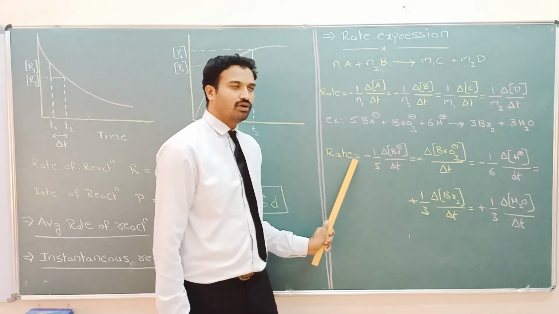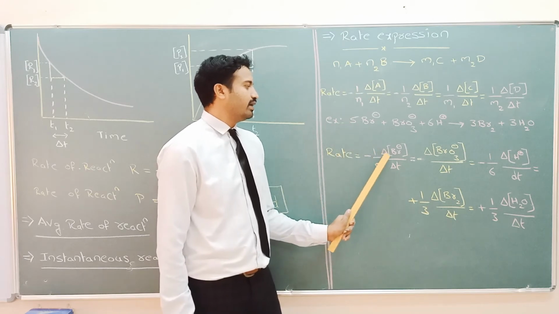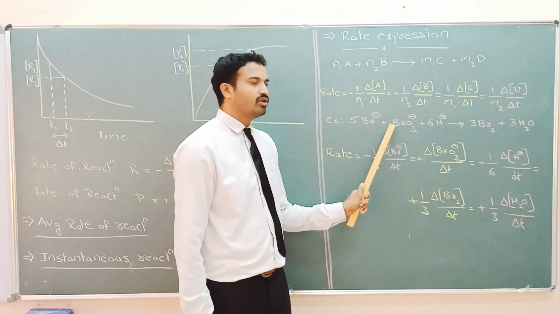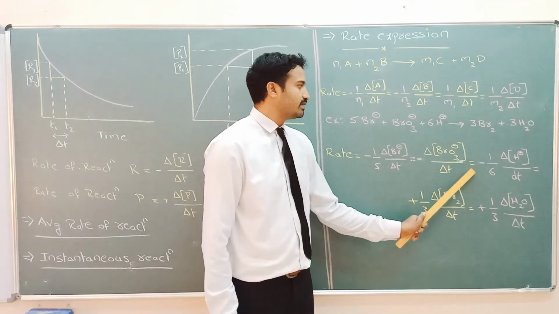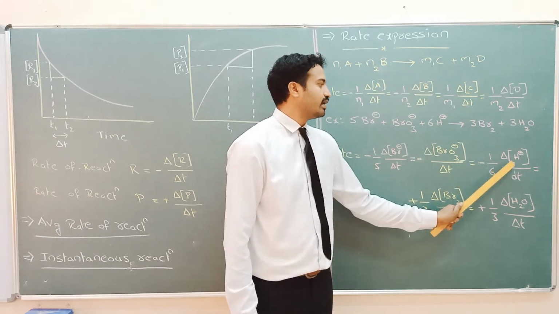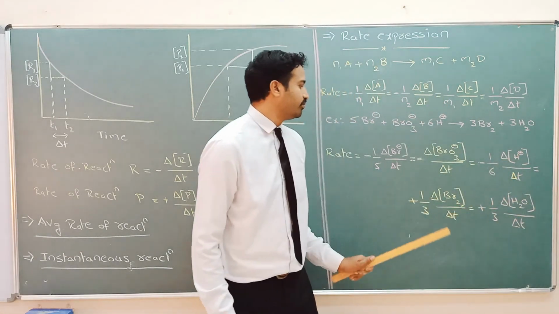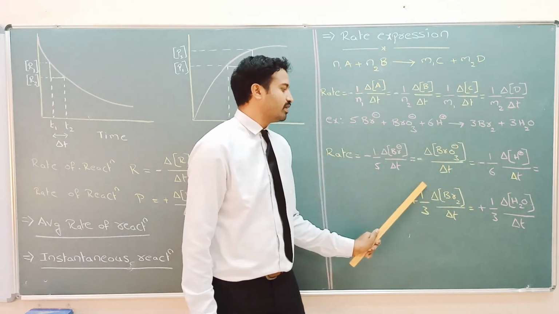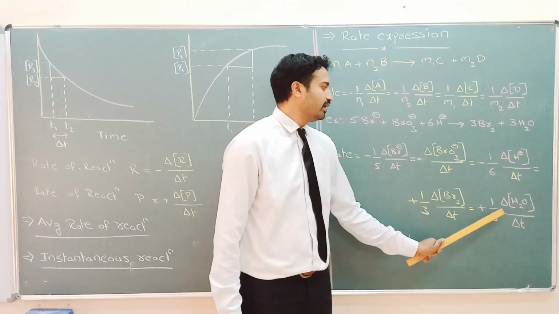So with respect to this reaction, rate is equal to minus 1 by 5 delta Br minus by delta t, is equal to minus 1 by 1 delta BrO3 minus by delta t, is equal to, here number of moles 6, the reactant concentration, so minus 1 by 6 delta H plus concentration by delta t, is equal to, here product concentration increases, so plus 1 by 3 delta Br2 by delta t, is equal to plus 1 by 3 delta H2O by dt.